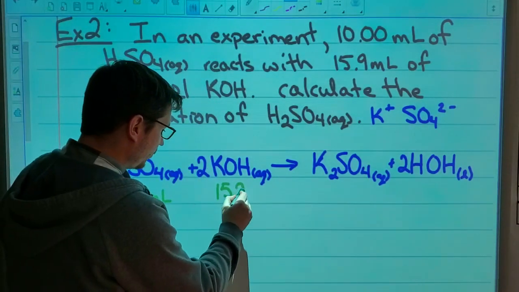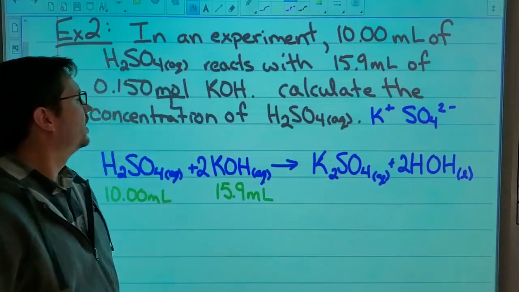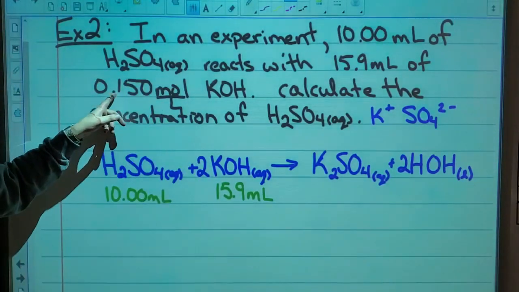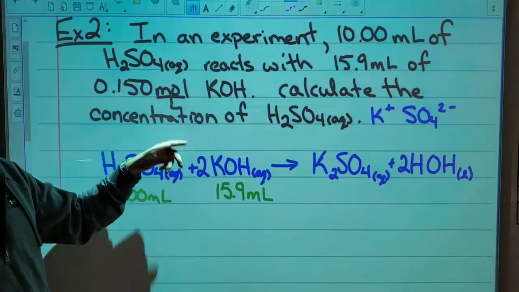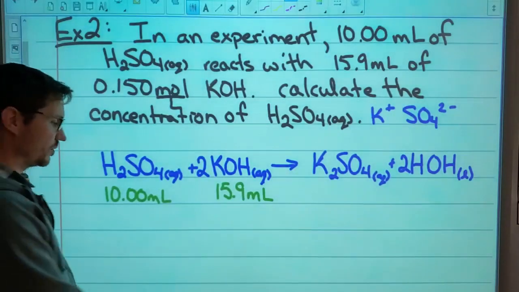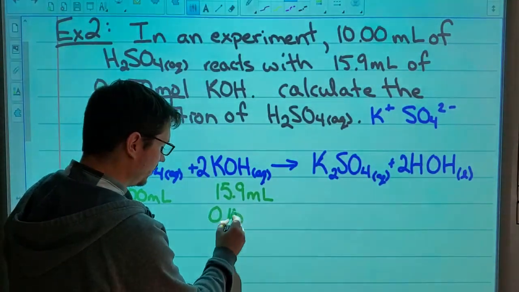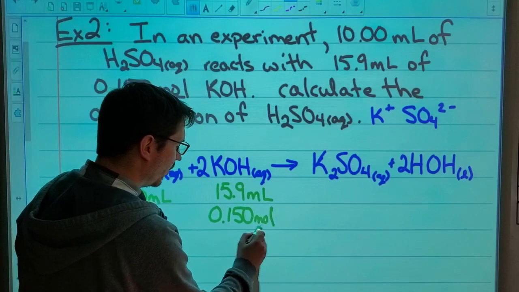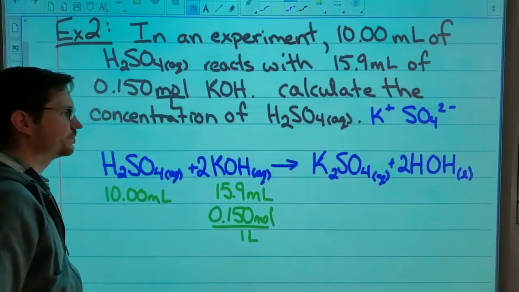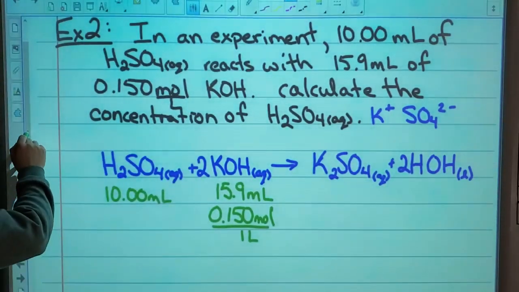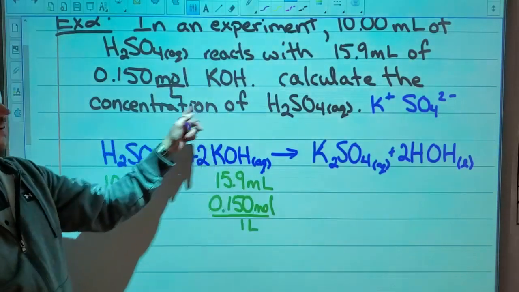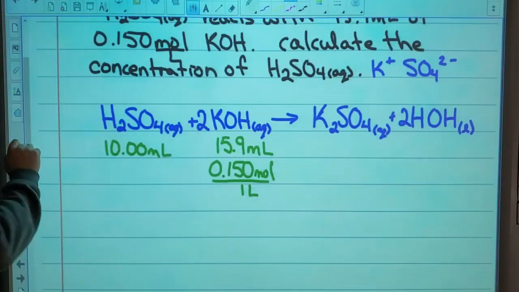So 15.9 milliliters. And it said KOH had a concentration of 0.150 moles per liter. So 0.150 moles per 1 liter. Now what it's asking us is calculate the concentration of the H2SO4.